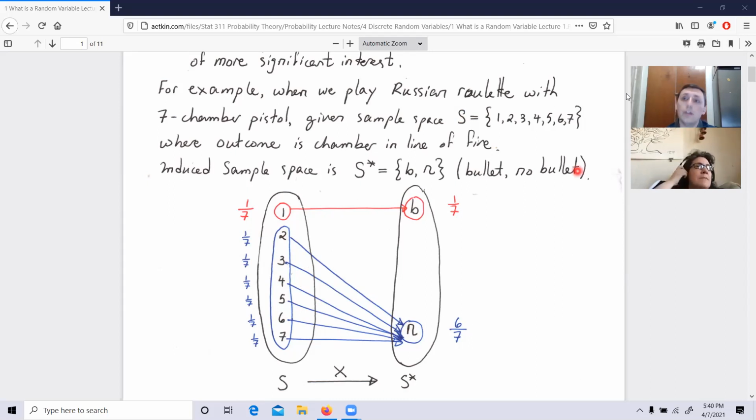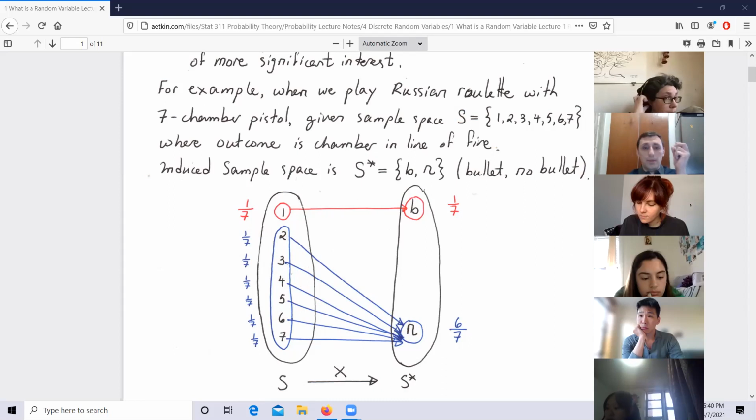Good. So you can think of it as conservation of mass, where the pebbles that are collapsed to a single event of interest will have their individual probabilities added up.